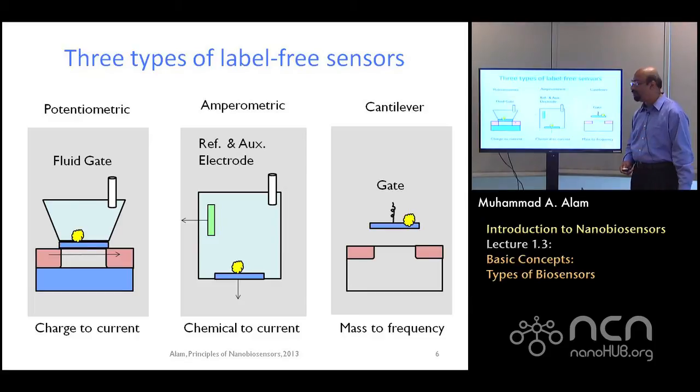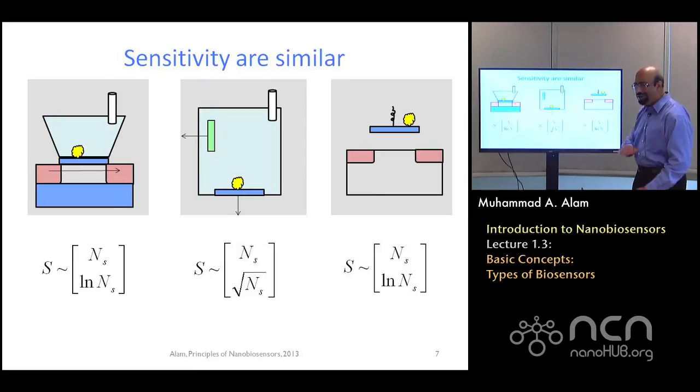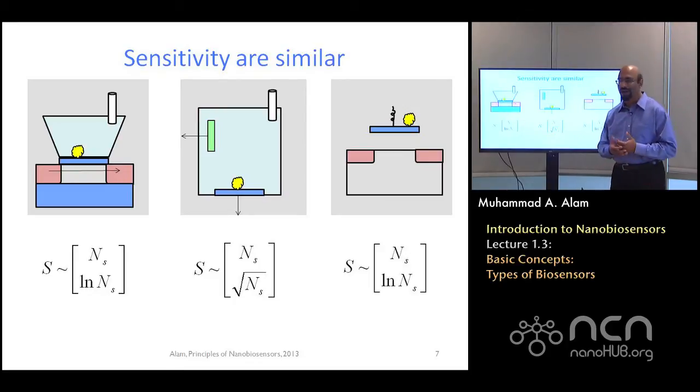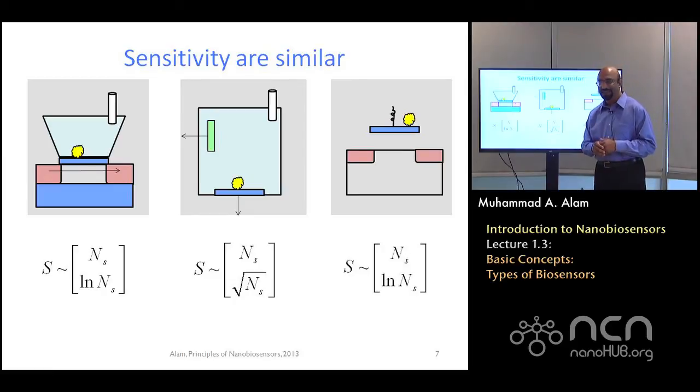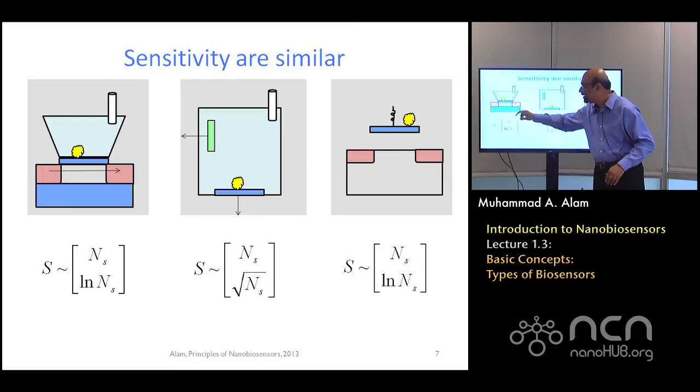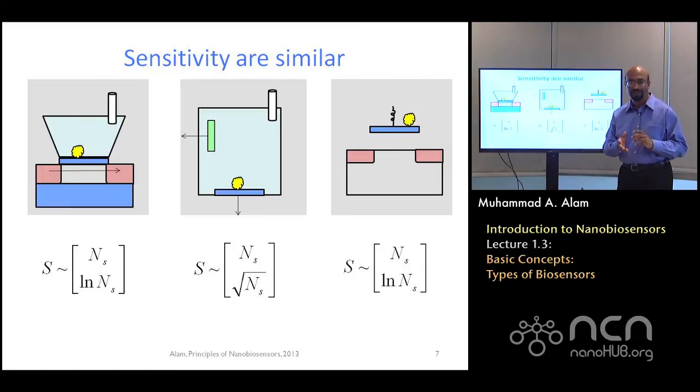indicate the capture process. Now, an important thing to note here is that if Ns is the number of biomolecules that have landed on the sensor surface, you can define the sensitivity as the change in the measured quantity, for example, current here, before and after capture, divided by the original.